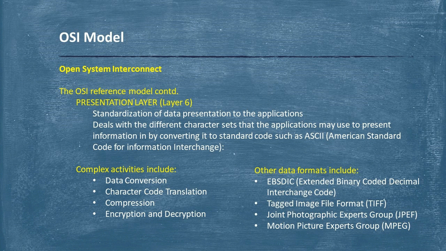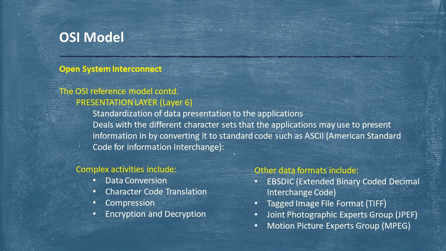The function of this presentation layer is the formatting details, which deals with different character sets. That is what the examples here show: an application may use to present information by converting it to a standard code such as ASCII.